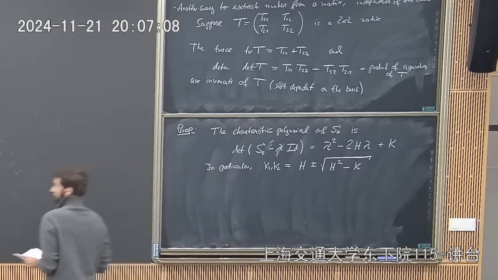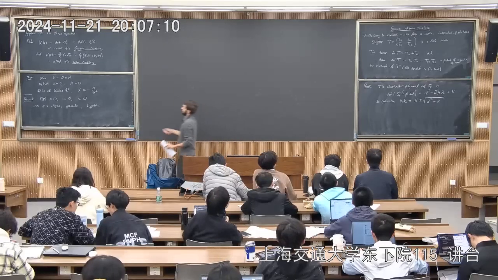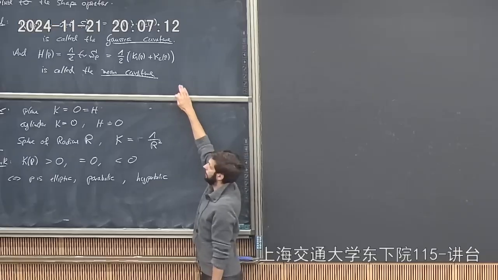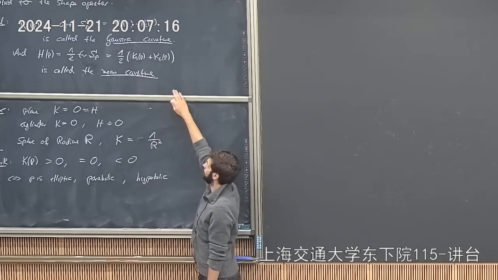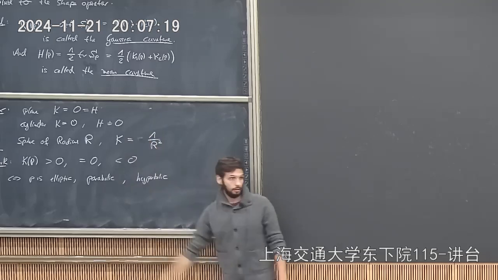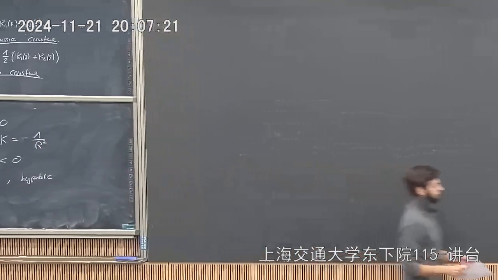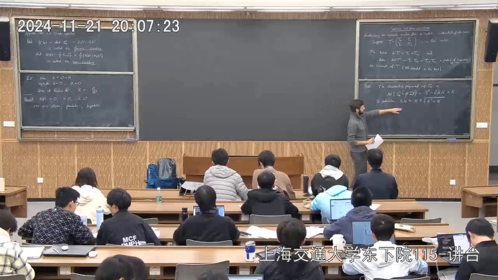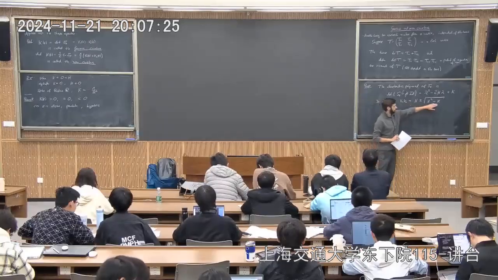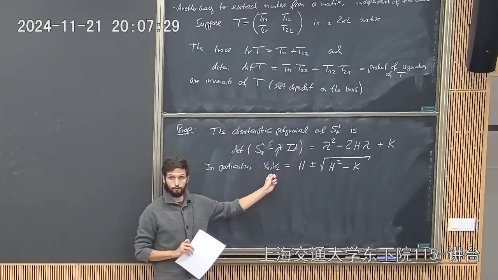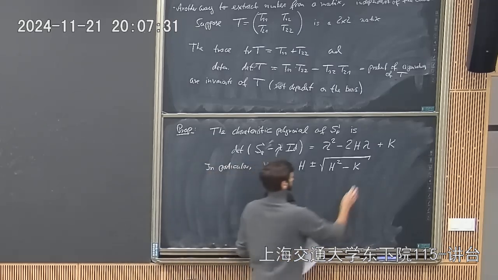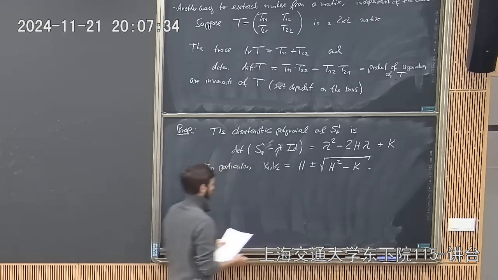So the formulas over here allowed us to define h and k in terms of kappa 1 and kappa 2. Here we go the opposite way. Once we have h and we have k, we can get back our principal curvatures by this formula. So that's why this formula is sometimes nice.